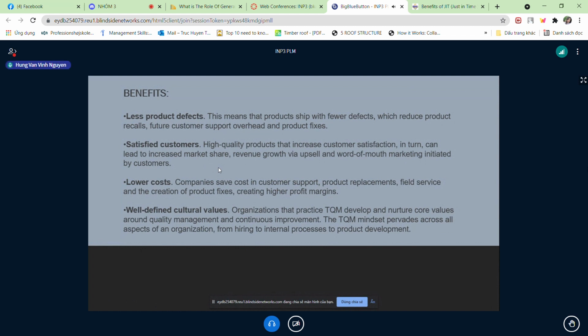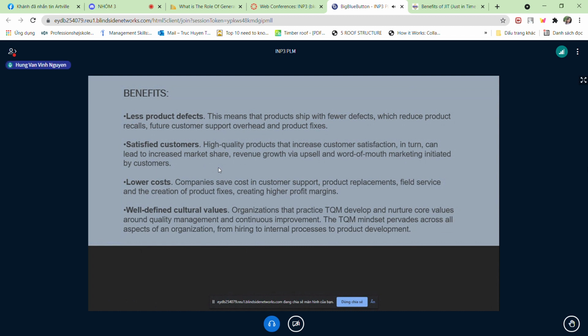Lower costs: companies save costs in customer support, product replacement, field service, and the creation of product fixes, creating higher profit margins. And the last is well-defined cultural values.